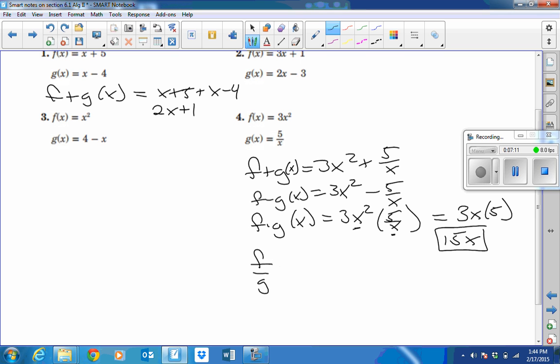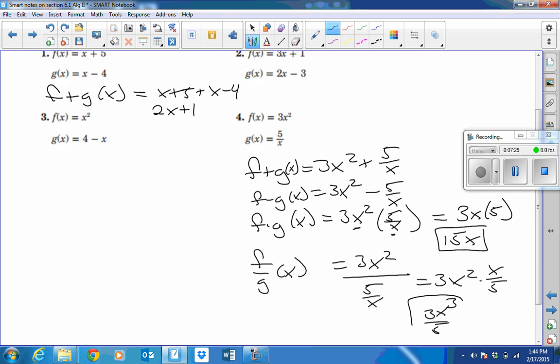F over g of x, 3x squared divided by 5 over x is the same thing as 3x squared times x over 5, 3x cubed over 5.